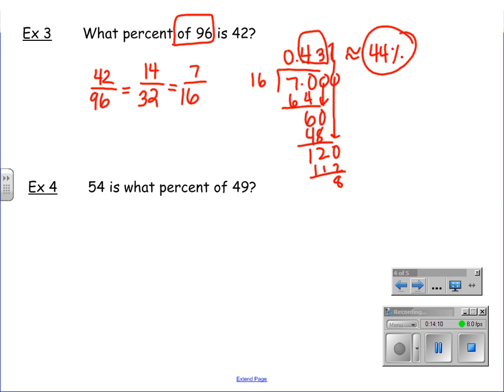I don't want 27, that's too easy. So, let's see what happens when we do 36. All right, okay, let's do this.